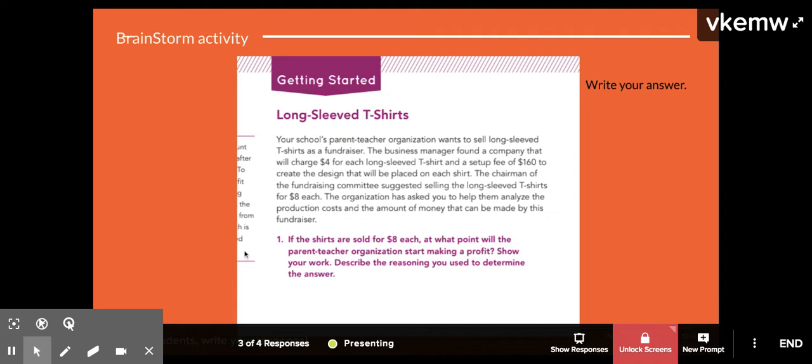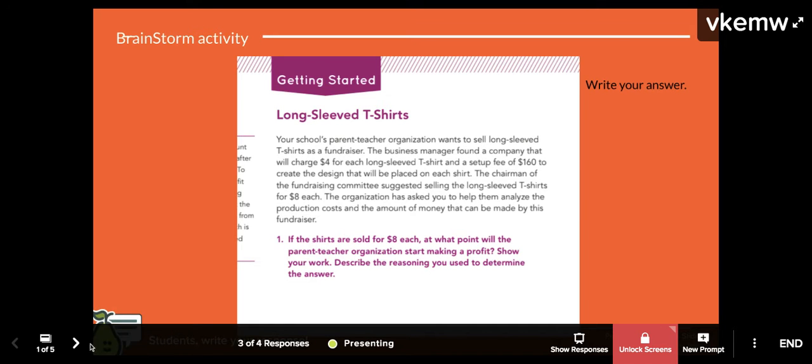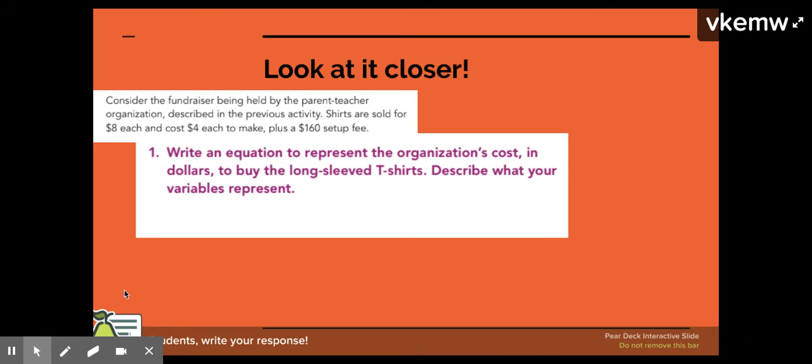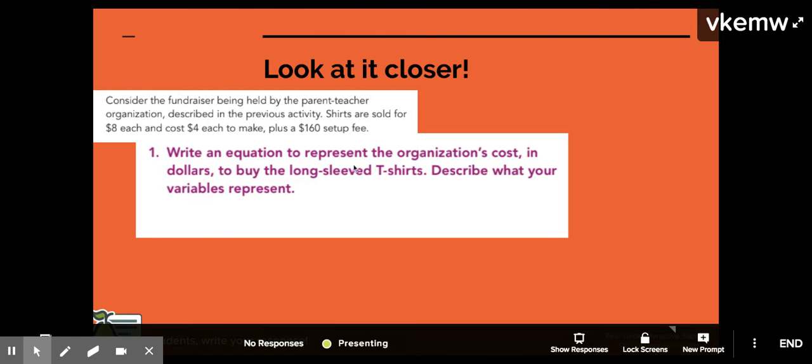Okay, so now we're going to break it down step by step. What I want us to do is look at just one equation first. We're going to make an equation for how much it's going to cost our organization per shirt.